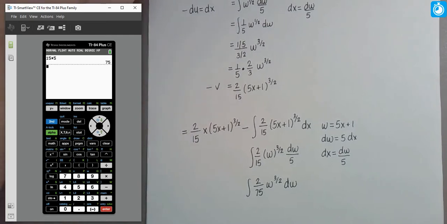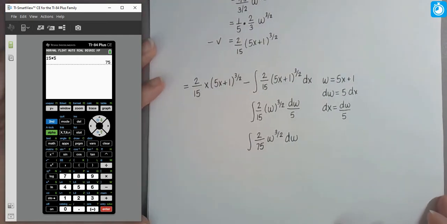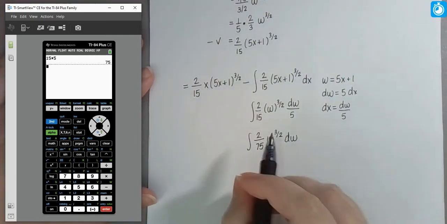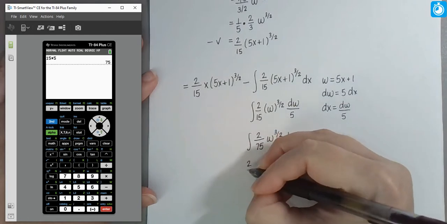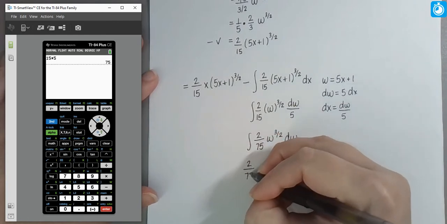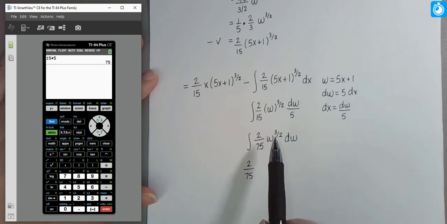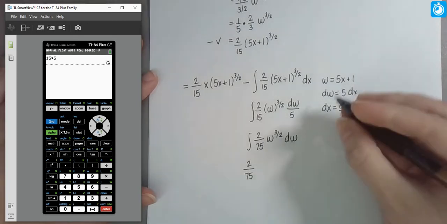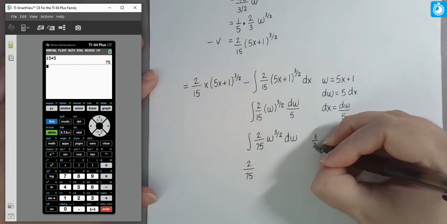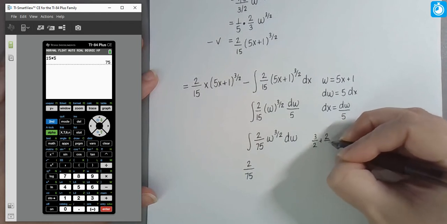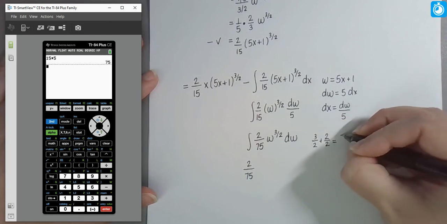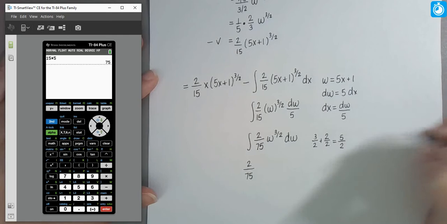And now we can integrate. And if it helps, you can pull the 2/75 out front. Remember, it does not affect our antiderivative. So it's separate from it, so we now just increase our exponent by 1. So 3/2 increased by 1 becomes 5/2, just to verify that. 3/2 plus 1, which is 2/2, is going to give us 5/2.